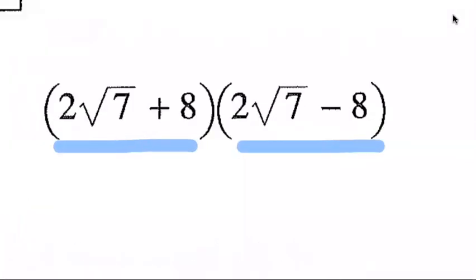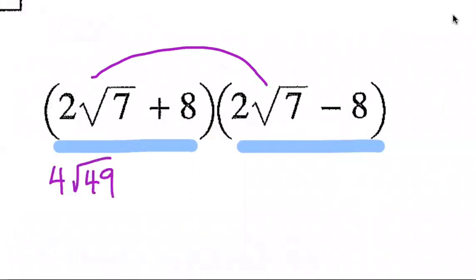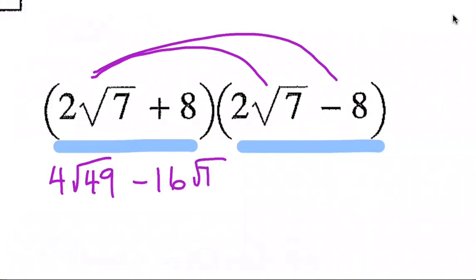Okay. Question 2. 2 square root 7 plus 8 times 2 square root 7 minus 8. 2 square root 7 times 2 square root 7 is 4 square root 49. 2 square root 7 times minus 8 is minus 16 square root 7. 8 times 2 root 7 is plus 16 square root 7. And then 8 times 8, so I did that on the wrong side.